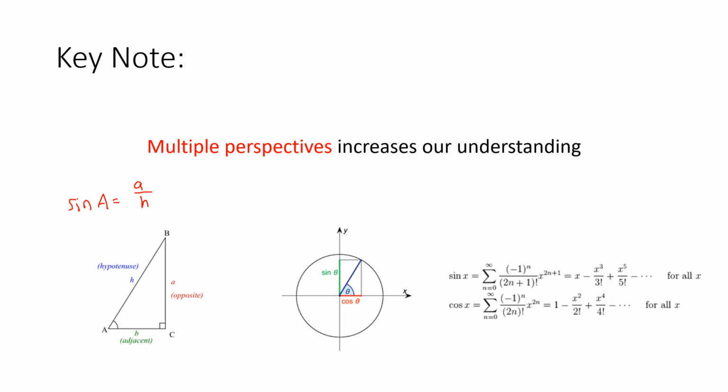However, we then extended this notation into circles, as by using circles, we can now define negative values for sine. Furthermore, we may have encountered a more interesting definition of sine using the series, and this can help us derive some other powerful properties of sine, such as e to the ix is equal to cos x plus i sin x.